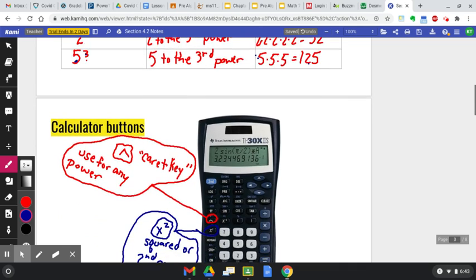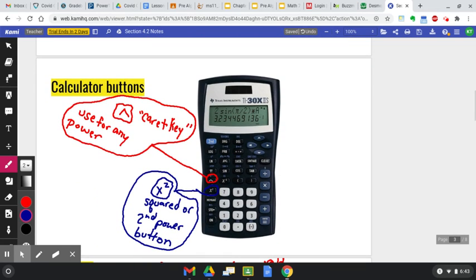Now, let's look at a calculator, and I just pulled up a picture of a TI-30, which is a pretty common calculator. It's a great calculator. If you don't have one, you're looking for one, that's a great one to buy. And we'll look at some of the buttons that are used for exponents. You've probably used this one before right here, the squared button.